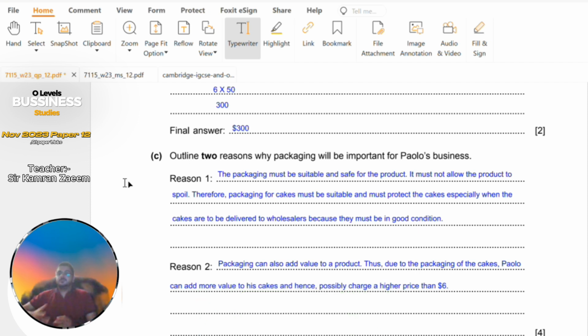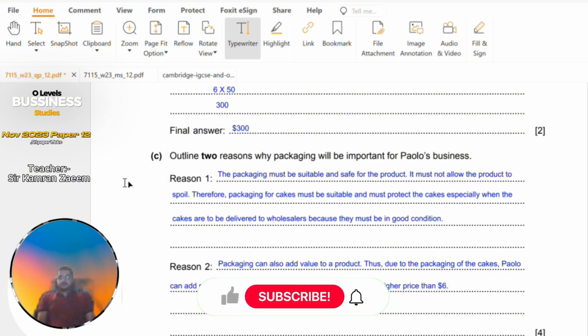The second reason you can say is that you can talk about the added value, right? So the packaging for a product can also help add value to our product, right? So talking about cakes in this context, this is how we do the application. Due to the packaging of the cakes, Paolo can actually end up adding much more value to his cakes, especially if he makes the packaging very attractive, right?